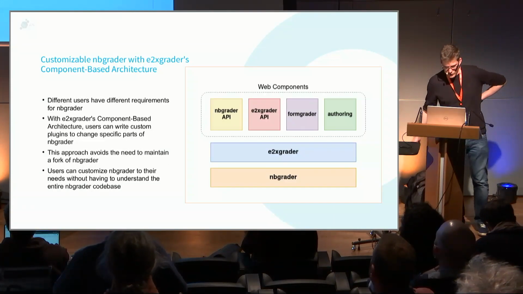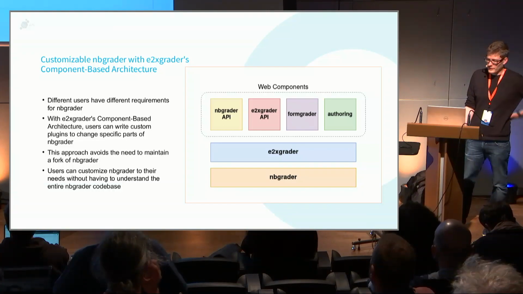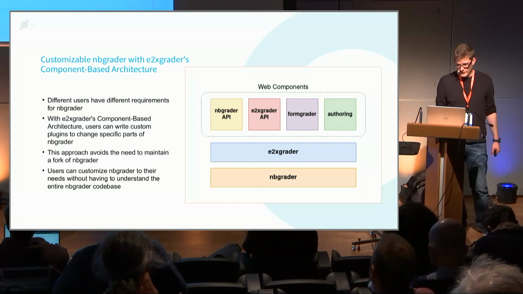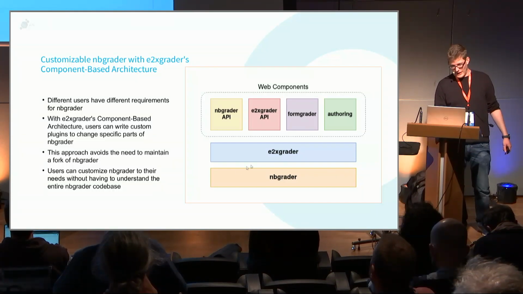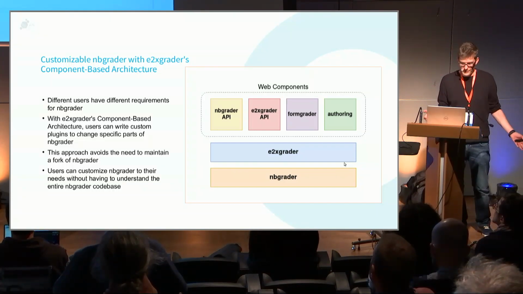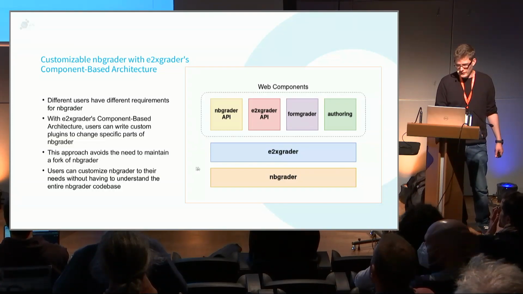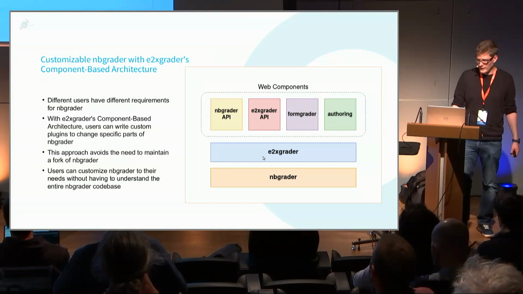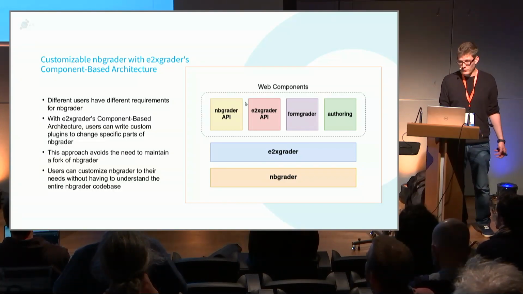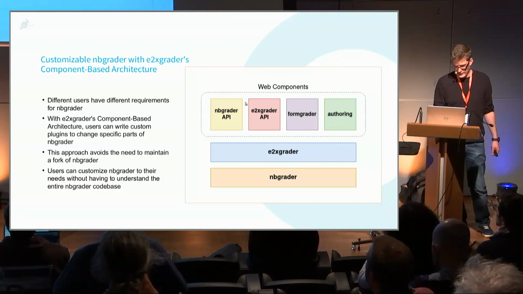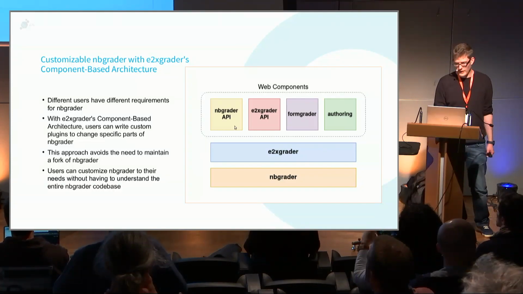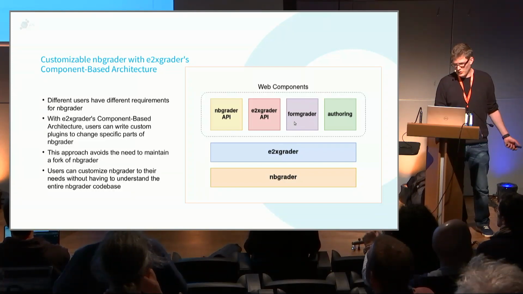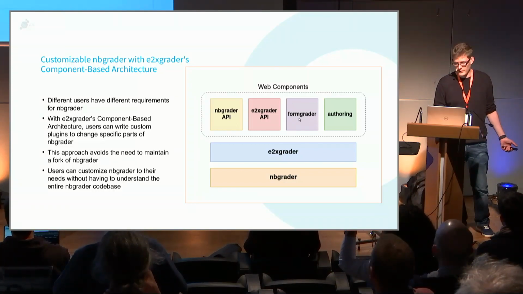Then what we also did is develop a slightly web component based architecture. As you can see, the basis of the software is obviously Nbgrader, because this is just an add-on, and then on top we have our software with the core utilities, and on top of that we run several web components which can be completely configured. So the standard Nbgrader API, then some API functions we need. This is the grading front end, which can be customized.